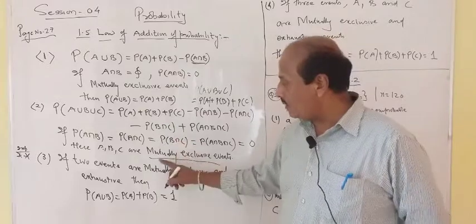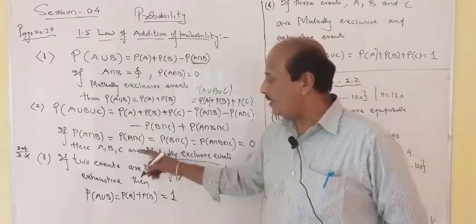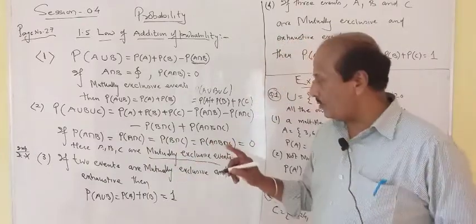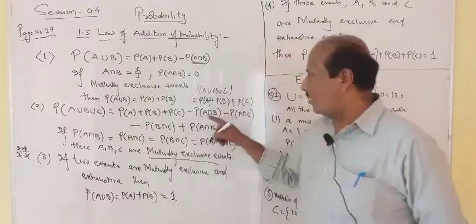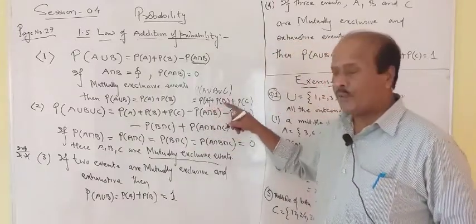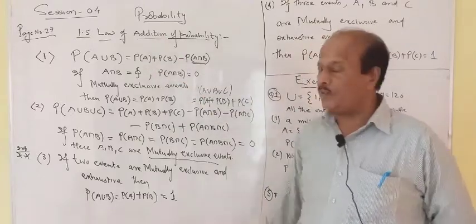You will have to read the question carefully. If you find that three events are mutually exclusive, then this big formula will be reduced to probability of A plus probability of B plus probability of C. See, again it's like a law of addition only.